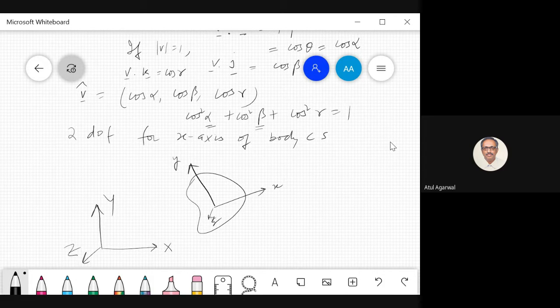So you can define this axis by the angles it makes with the XYZ axes. You need 2 degrees of freedom to do it.